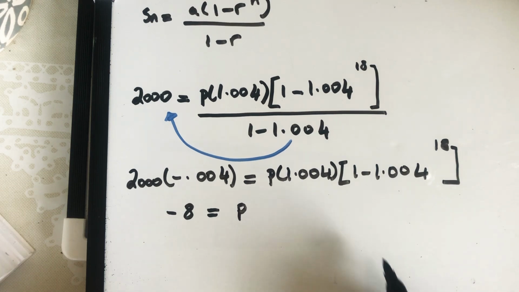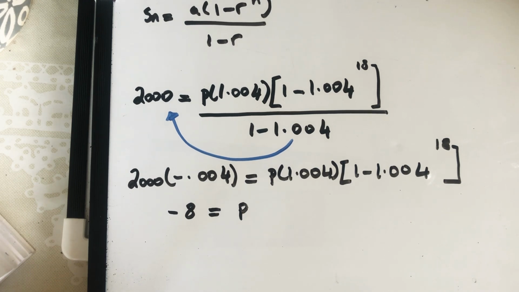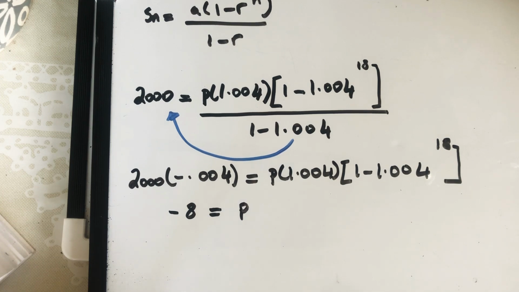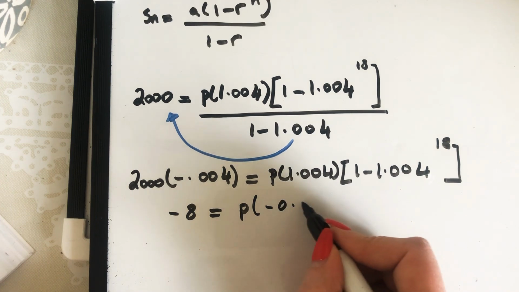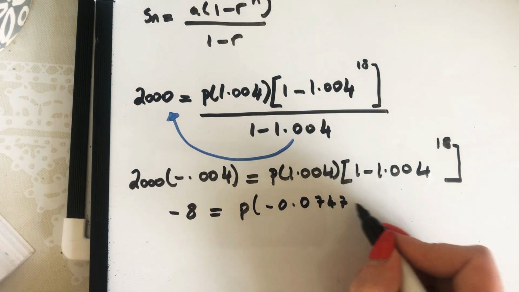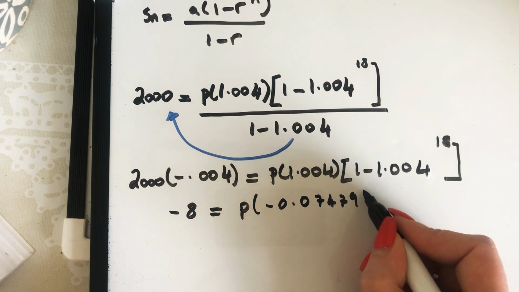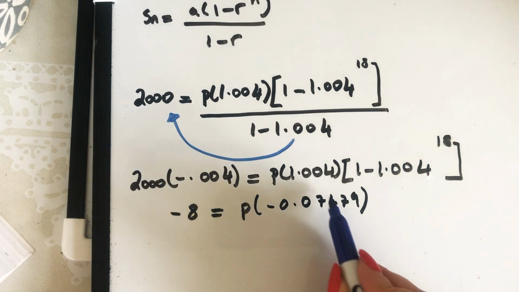Next of all, I'm going to type all of this in the calculator, and of course, as long as you put the brackets in the correct places, you're fine. We get -0.07479.